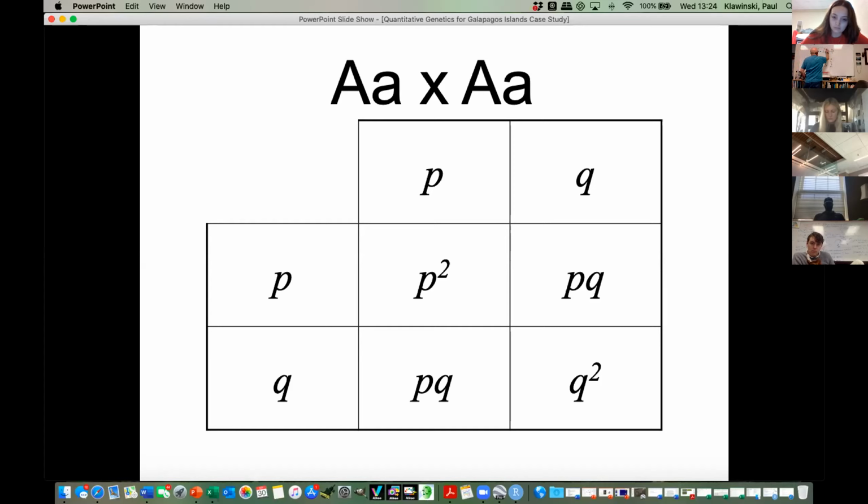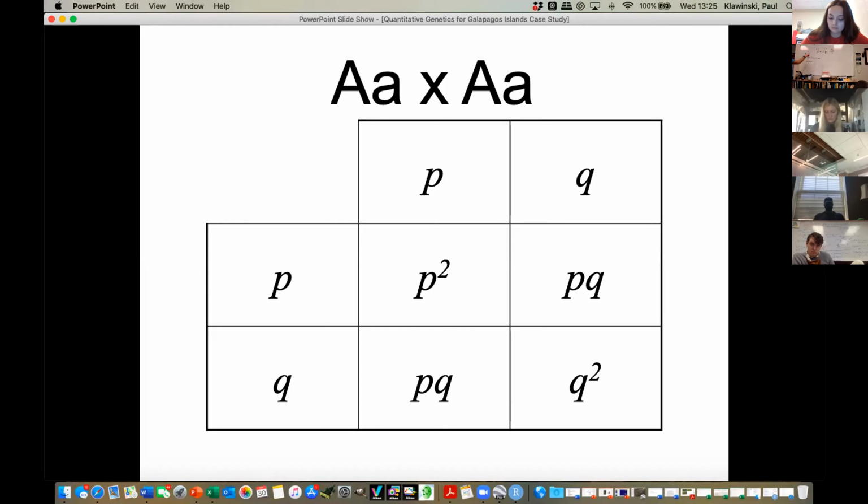And I want to caution you, be careful when you're using terms, and we'll do our best to be careful when we're using terms. There are allele frequencies, which is what I just erased up there, and then there are genotype frequencies.